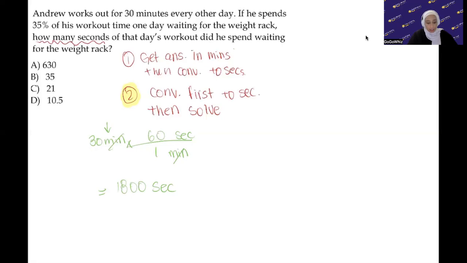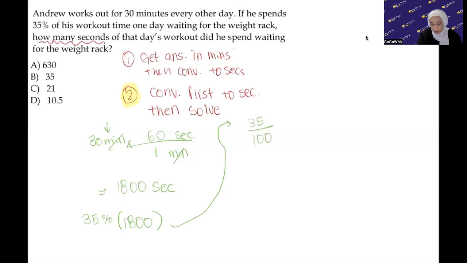And remember, I wasn't just asked how many seconds are in 30 minutes. We were asked how much of that time was spent waiting. So I was asked, what is 35% of 1,800, right? I can do this by saying 35 over 100, and this is calculator friendly.